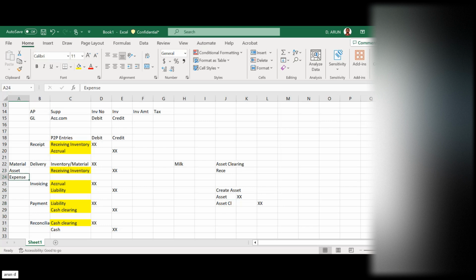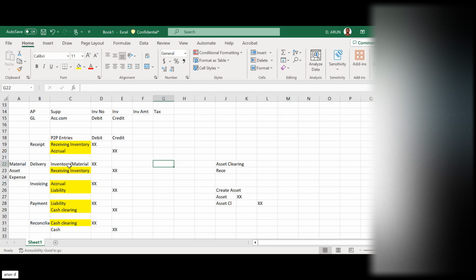Similarly, for the expenses, we will have the expense account recorded here. Let's say I can call it a stationery purchase, or probably we are paying the electricity bill. It's not the usual case, but in a rare case, if a company wants to track all the purchases from the purchase order module, we might want to create a purchase order even for electricity.